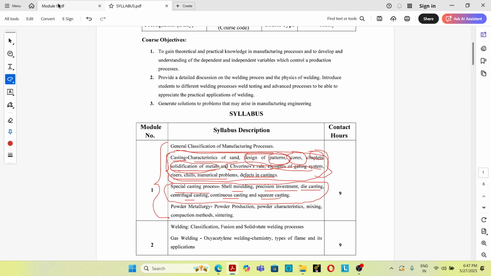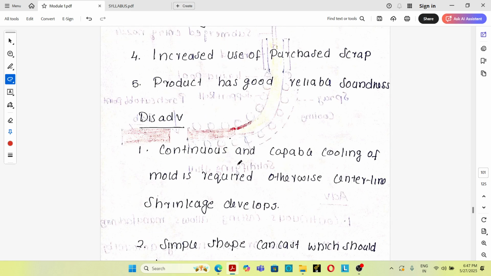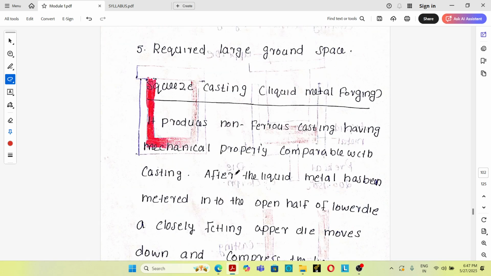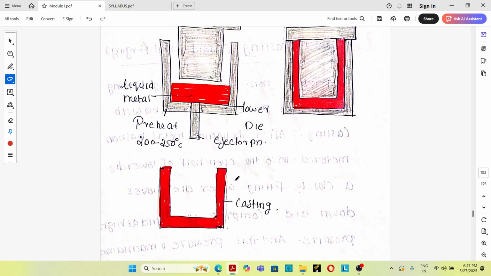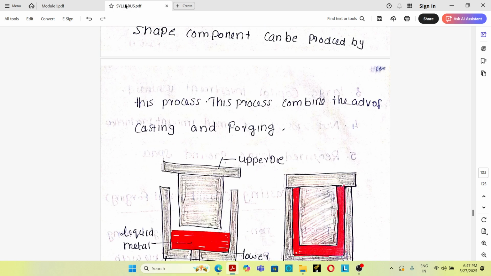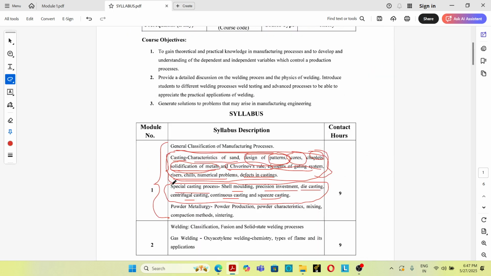Next one is slush casting process. The last one, as per syllabus, is the slush casting process. So this is a slush casting process. These are the special casting processes that you have to study in the first module. So we have sand casting, shell mold casting, precision investment casting, die casting, centrifugal casting, continuous casting and slush casting.